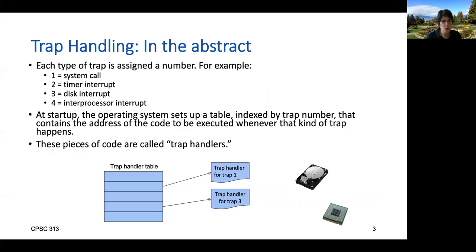So the first thing we're going to do: the mechanism that we use to transfer control is called a trap. We have different kinds of traps, right? System calls, exceptions, interrupts, but the mechanism that transfers control is called a trap. The first thing we're going to do is assign each trap a different number.